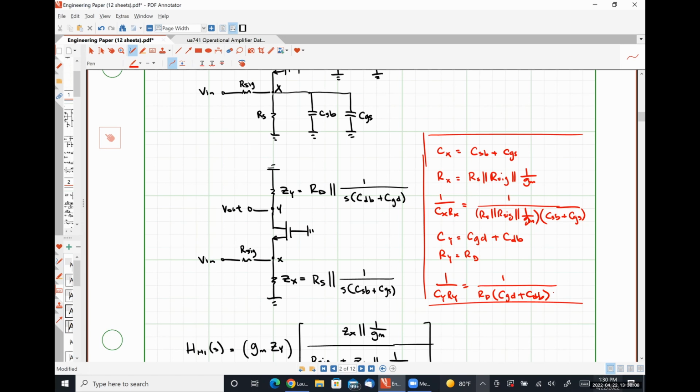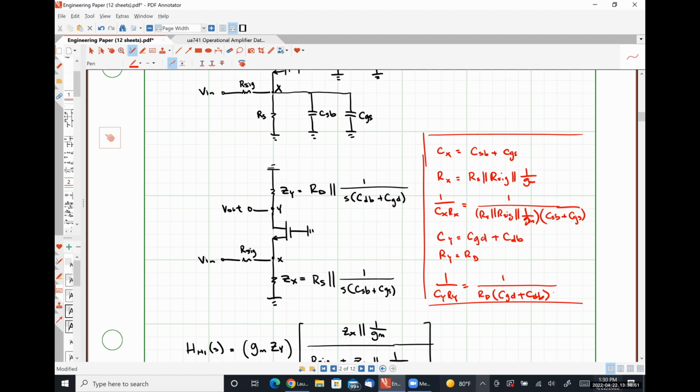So what I am trying to impart upon you is that when we have a frequency dependence that is associated specifically with only one node, so it's not linked to a separate node, we can figure out what our poles and zeros are pretty easily. Now, let's say, just for example here, that we weren't neglecting channel length modulation, such that there would be a finite impedance between node X and node Y, right?